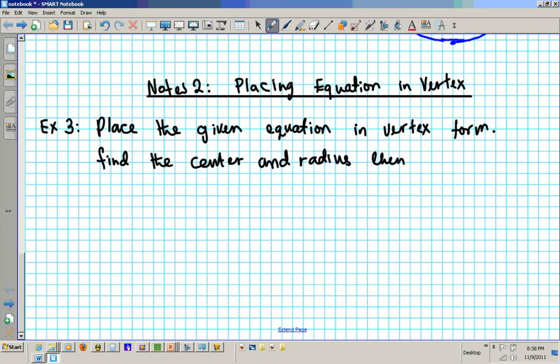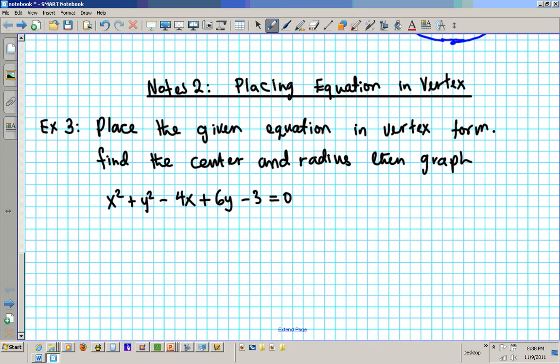Then graph. All right, let's consider this one. What if we had the problem x squared plus y squared minus 4x plus 6y minus 3 equals 0? Okay, we'll write that down.